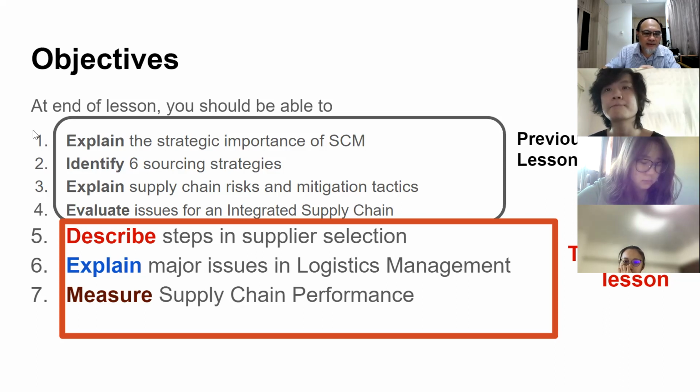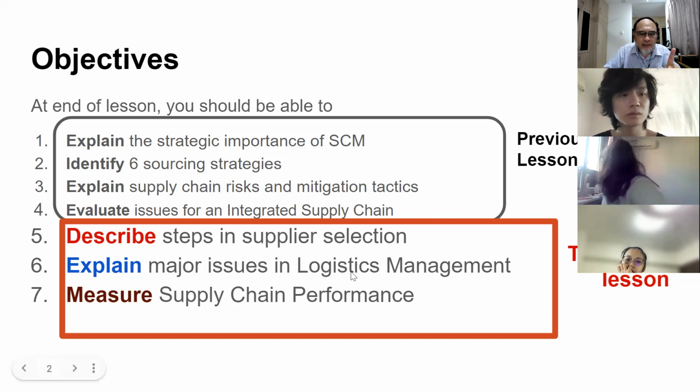The first one is to describe the steps in supplier selection. So all companies will be involved in doing some supplier selection and also basically supplier management. Okay, supplier management. Number one. Secondly, logistics.